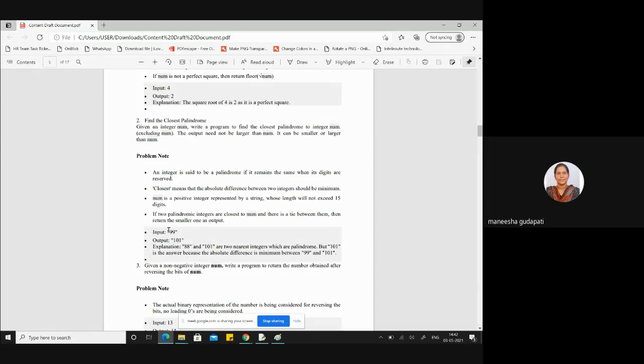For suppose here I have 99, they have given input 99. How to find out the smallest one starting from 98? You have to keep on checking till 0. In the same way, here you have to start from 100 and move on until you get one palindrome. And then simply identify the distance between the largest and smallest.